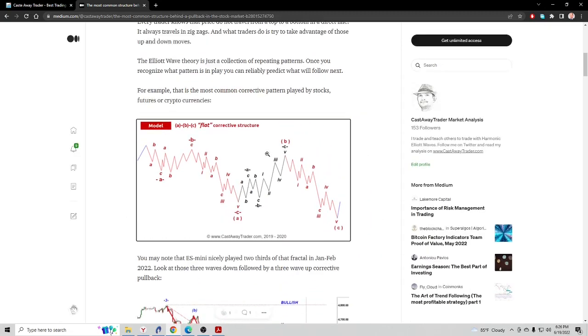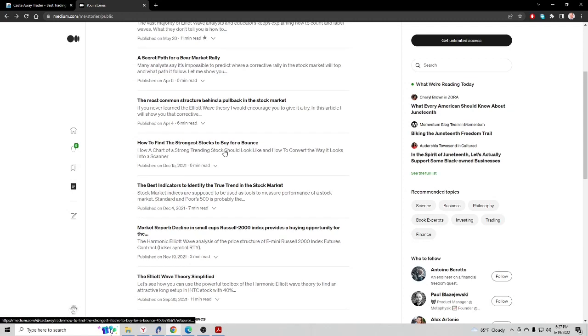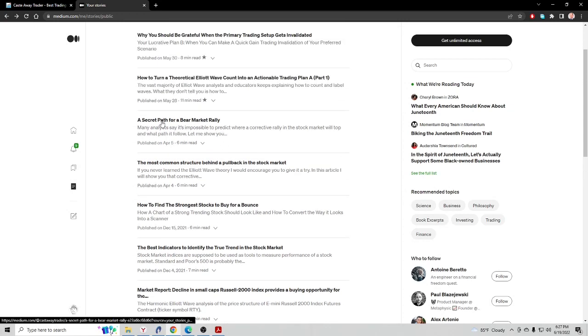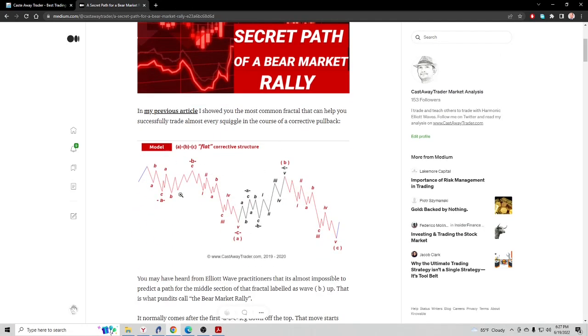And in that article, by the way, I explained in detail how you can actually expect that ABC down structure to unfold. But there is another great article here, which is called A Secret Path for a Bear Market Rally. In that article, I was talking about the very same simple to learn and simple to practice corrective fractal.